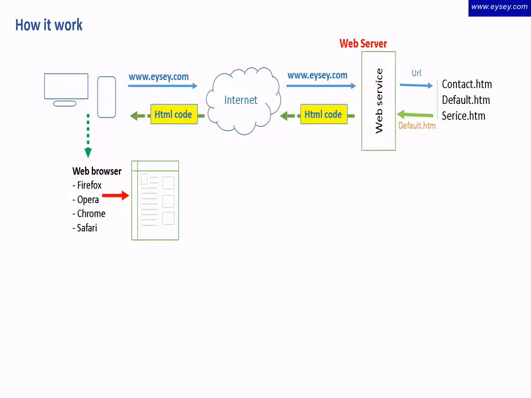Let's look at this figure of the process of a client device accessing a web page on a web server. Here is the example. The client requests the web page www.ey.sey.com. This diagram is the flow of the request and the response from the web server. Take the desktop computer or the mobile or tablet.